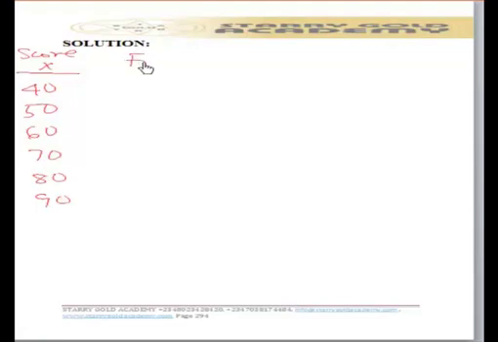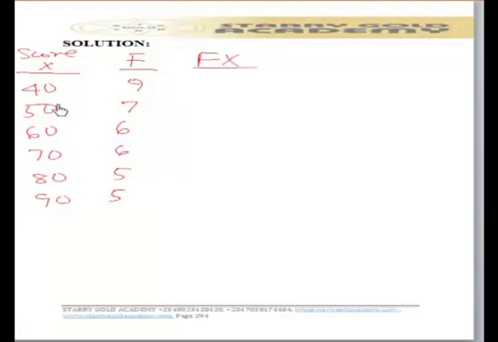Then we have the number of students, which represents the frequency: 9, 7, 6, 6, 5, 5. Now let's go for column fx, which gives us f times x.